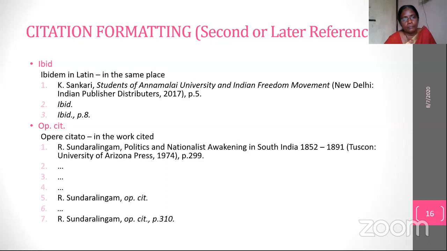Second, suppose the same book is repeating immediately, that is repeat. Suppose it is again repeating but the page number is varying, we have to put a different page number. Ibid, in the same place. I have acquired the information from the same source.